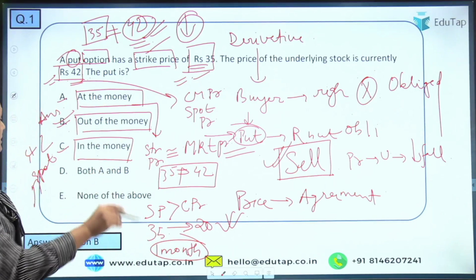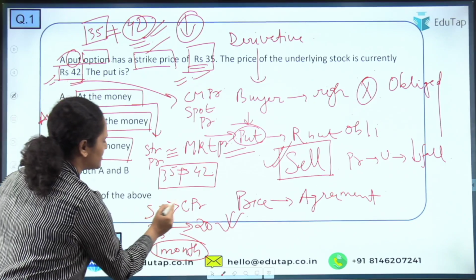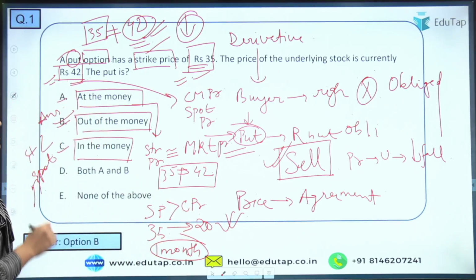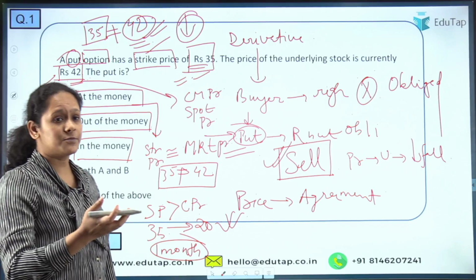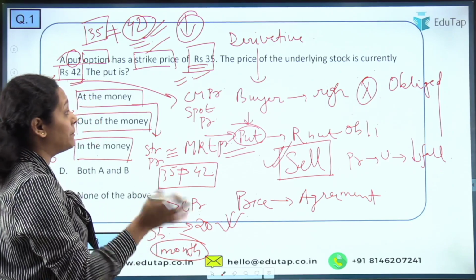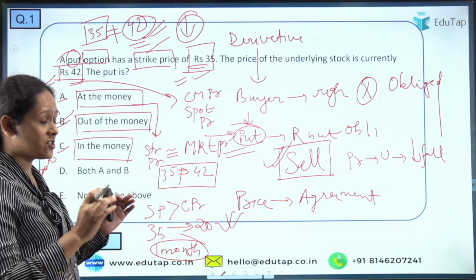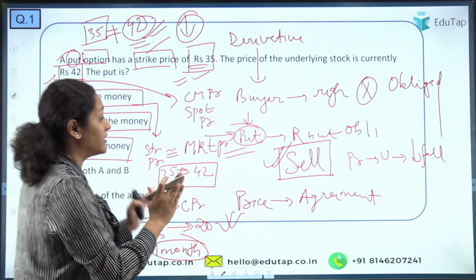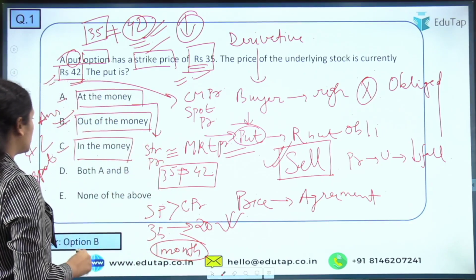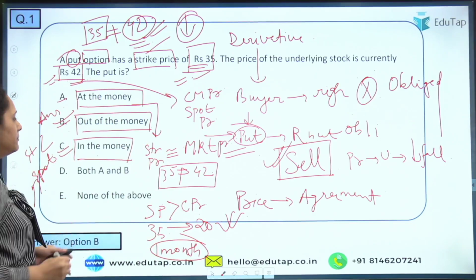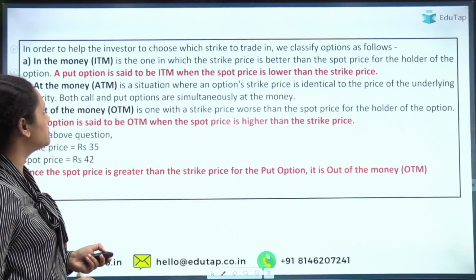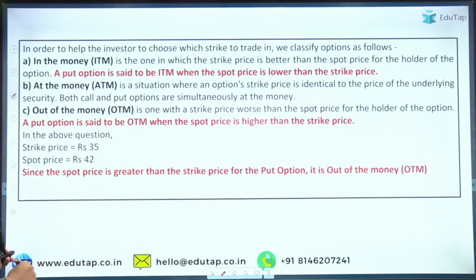ठीक है, तो in that case when the strike price is greater than the current price, the seller of the put option, I'm sorry, the buyer of the put option who is actually selling the contract, ठीक है, the buyer not the seller, the buyer of the put option would be known as in the money. ठीक है, I hope you understood. So this is what it is given here.